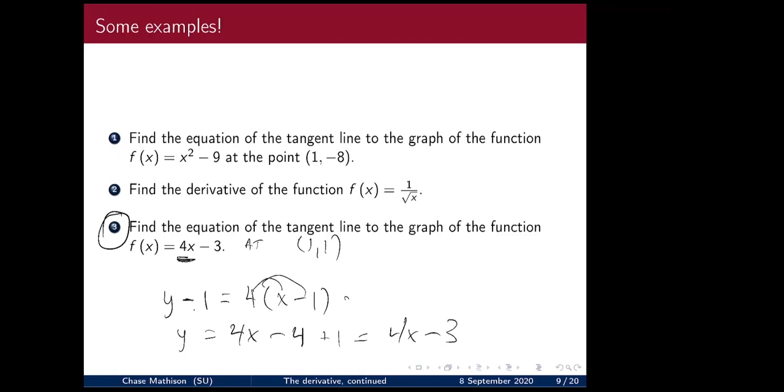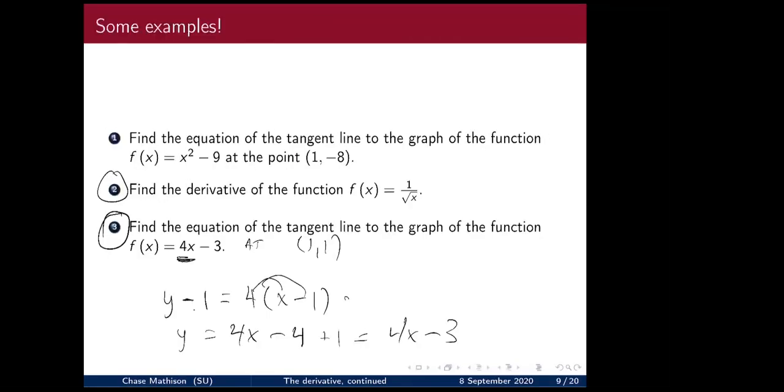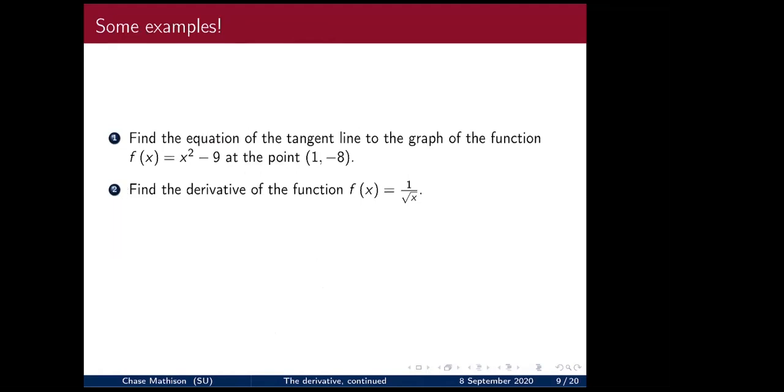All right, so let's do number 2. Find the derivative of the function f of x is equal to 1 over the square root of x. All right, so this one, there is no trick here. So let's actually look at the limit definition of the derivative. I'm going to go back here, give myself some space. So I want to find f prime of x.